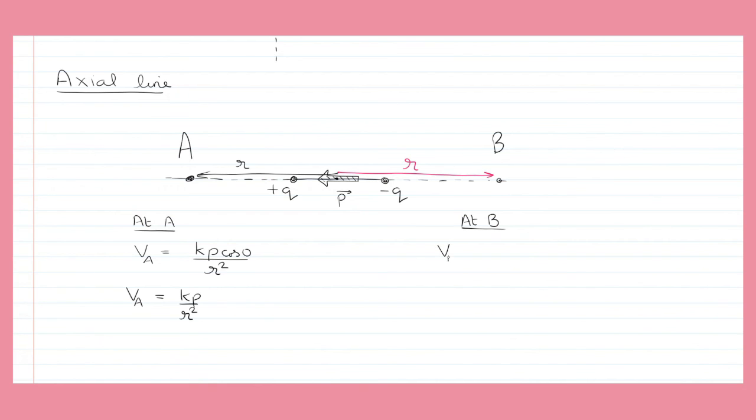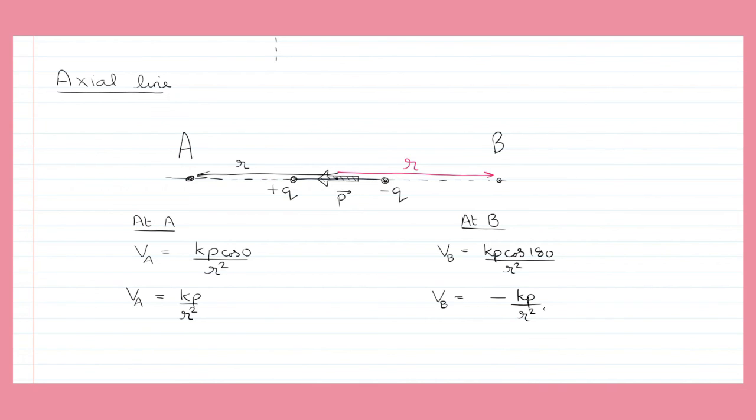So at B, the potential will be Kp cos 180 by R square. So Vb will be equal to minus Kp upon R square.